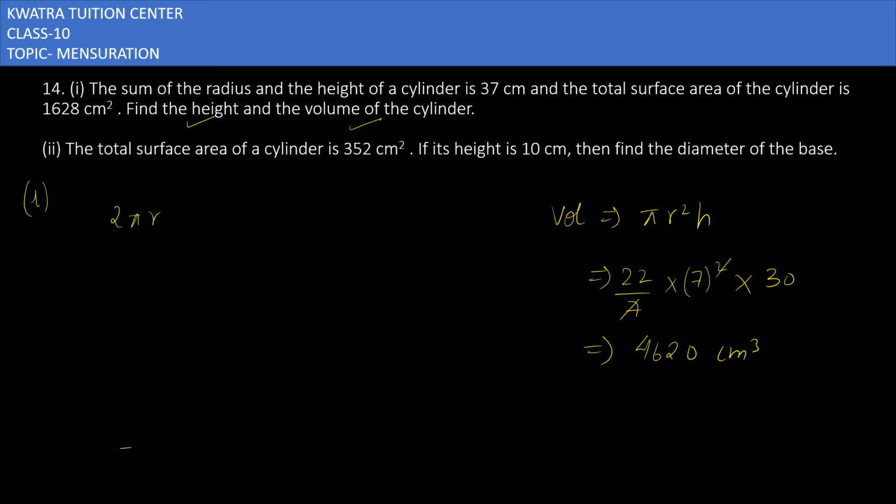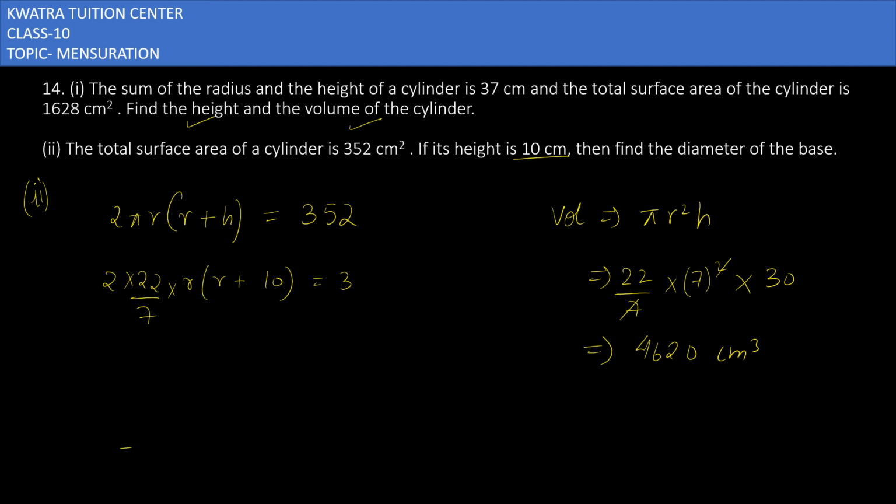2 pi r, this is the second part, 2 pi r plus h is equal to 352. Now substituting the value of h, it is 2, 22/7, r as it is, h is 10, and then 352 on the other side as it is.